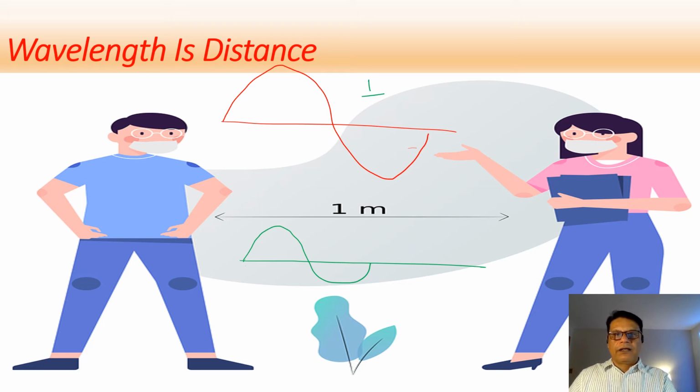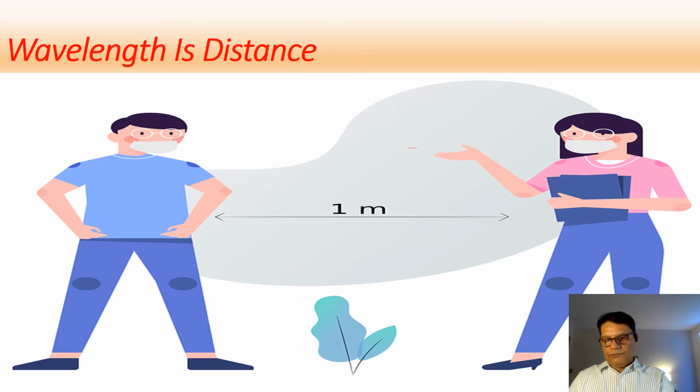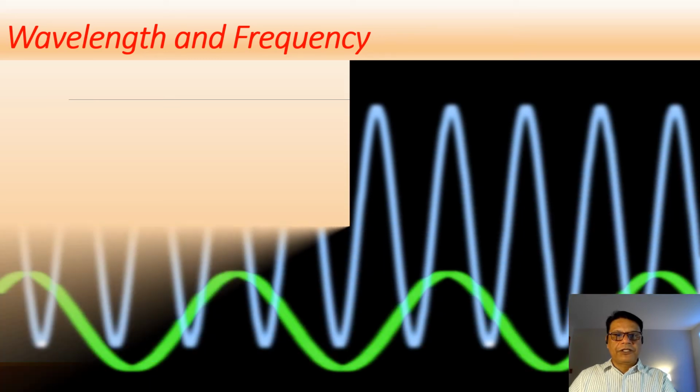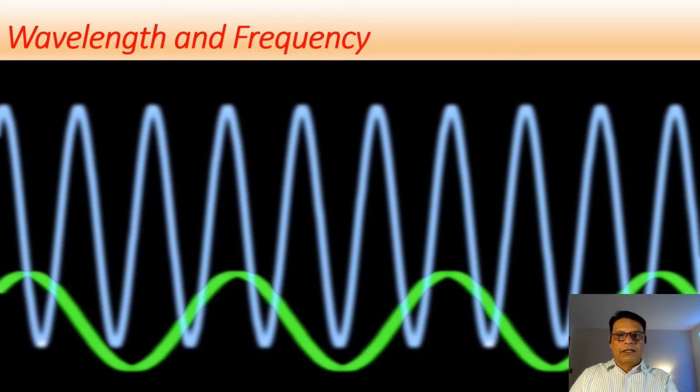So it's a large cycle. The space occupied by a cycle is called wavelength. Wavelength and frequency have an inverse relationship, and in this image you are seeing 2 waves.